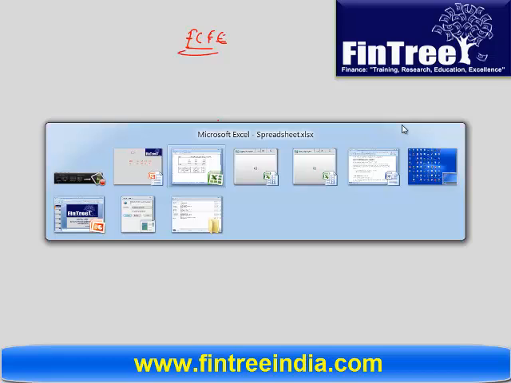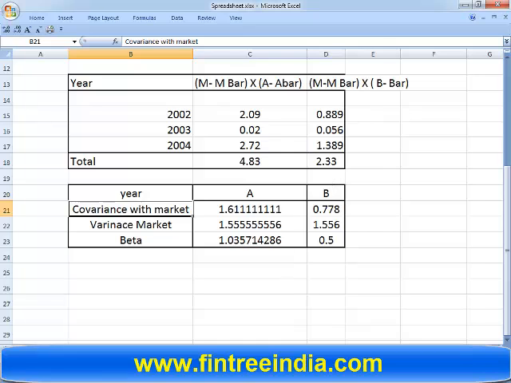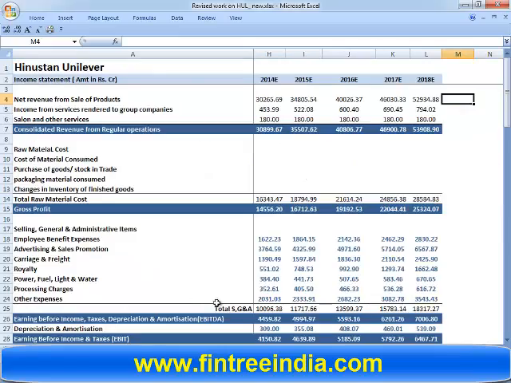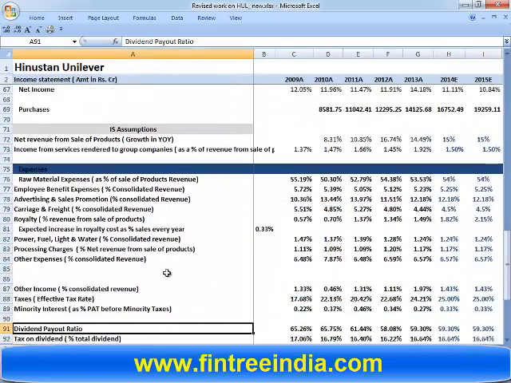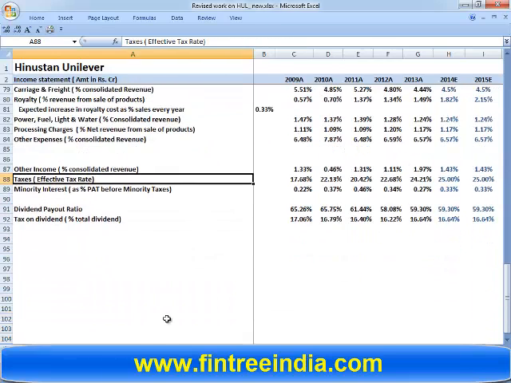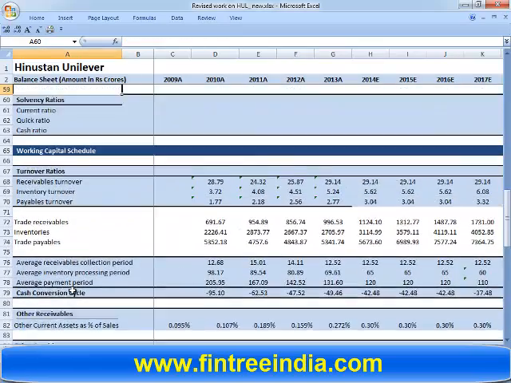I individually predicted how the sales will behave. If you see in my model here, there are specific assumptions I have with regard to the income statement: how my income will behave, how my expenses will behave, and specific assumptions with regard to the balance sheet, working capital assumptions, number of days.